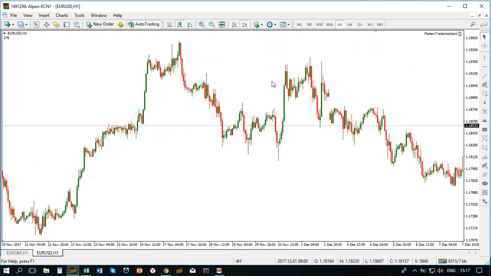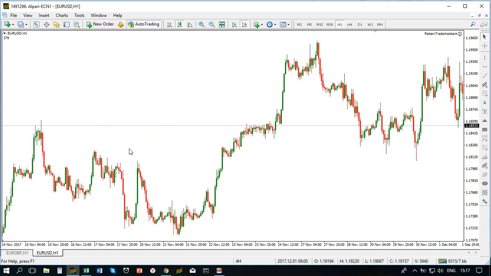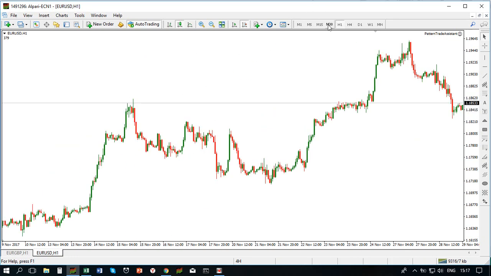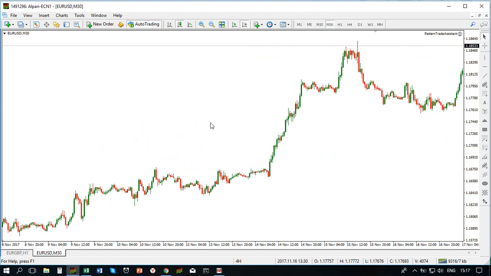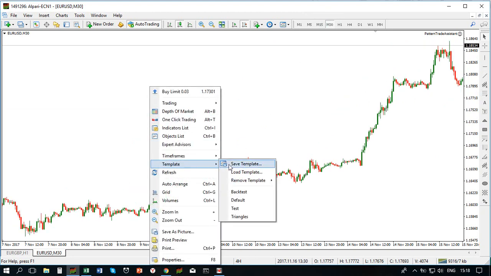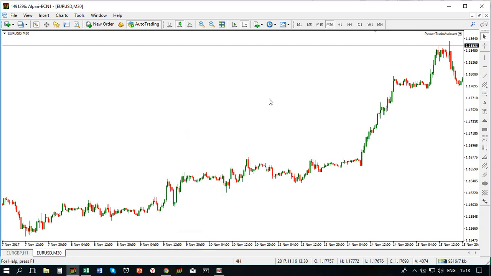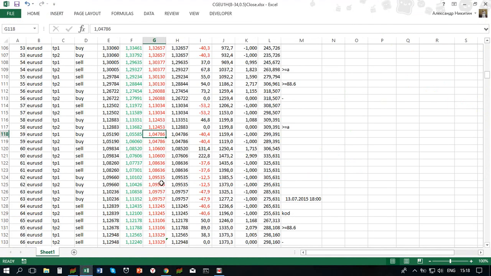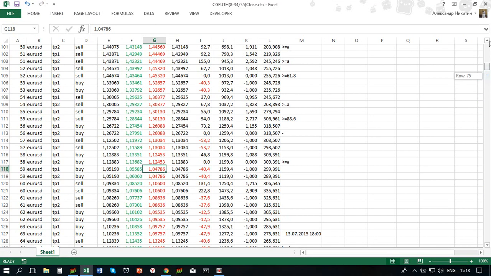What is this? Euro dollar, 1 hour time frame. I don't remember, maybe I have a 30-minute backtest on my template backtest, and let me find the first pattern.